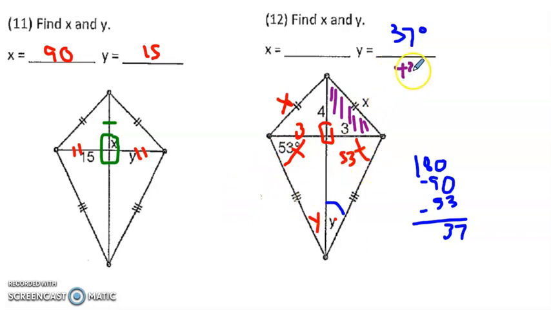So 4 squared plus 3 squared equals x squared, and we solve for x. So x squared is equal to 4 squared plus 3 squared, which is 25. So x would be 5.